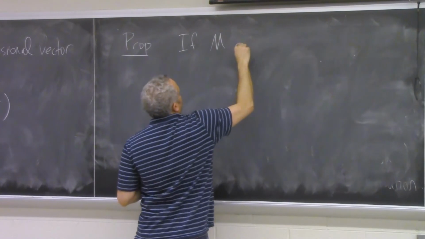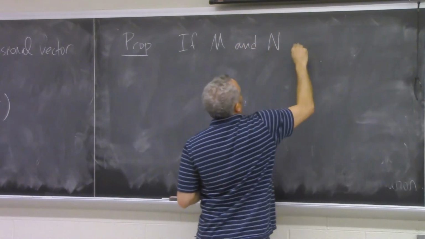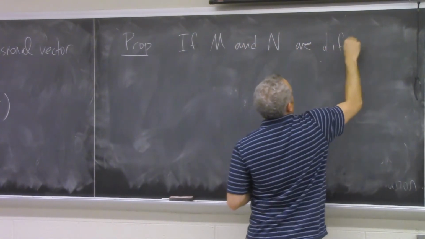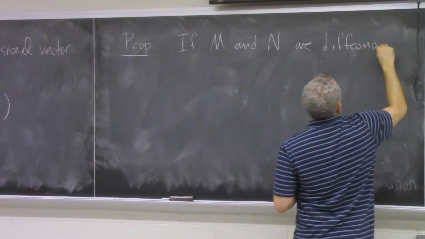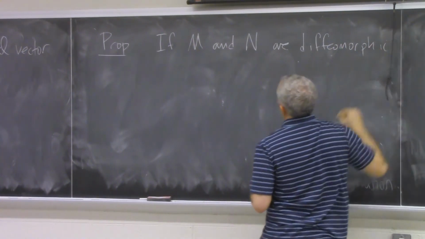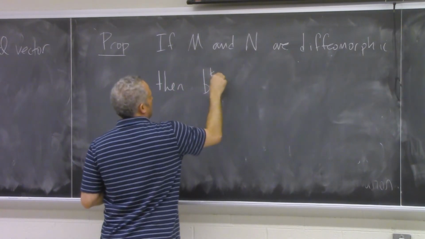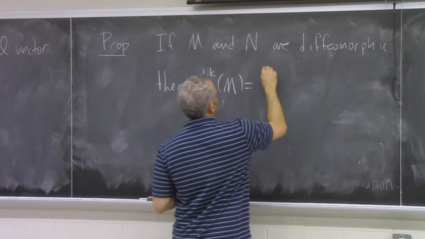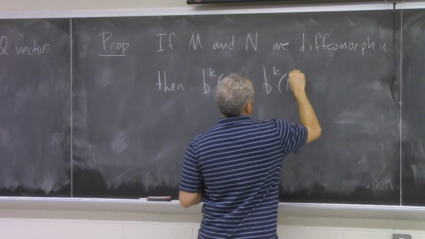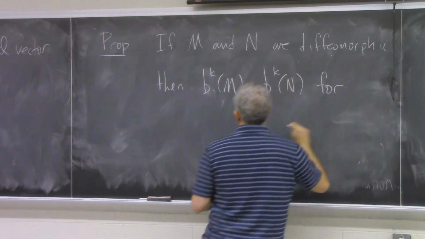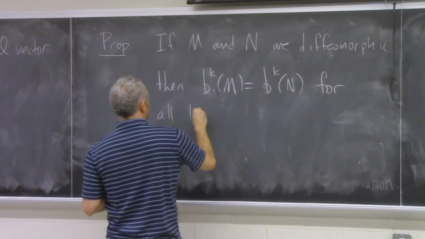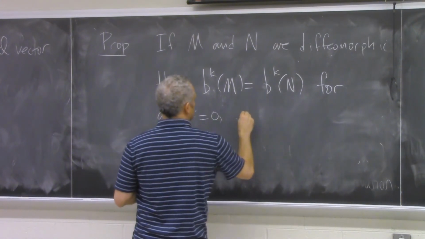If M and N are diffeomorphic, then the kth number for M equals the kth number for N for all k equals 0 to n.